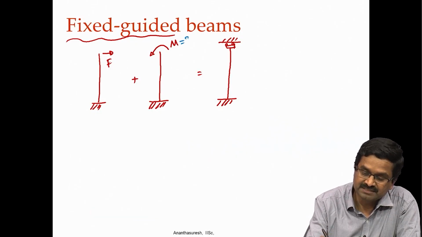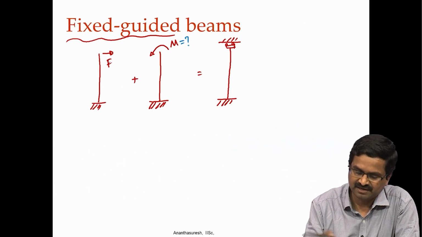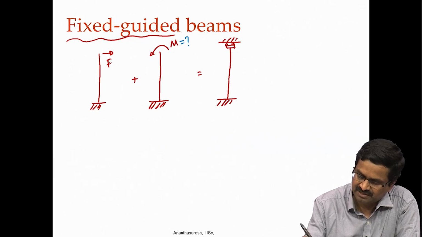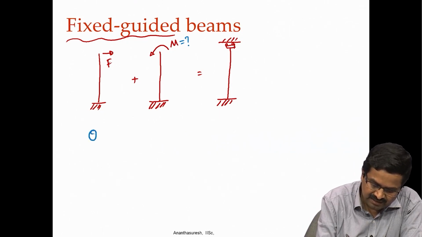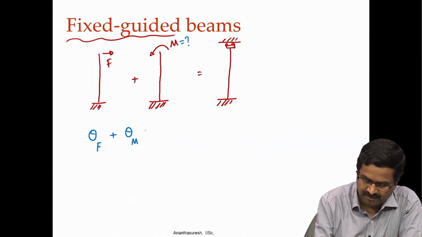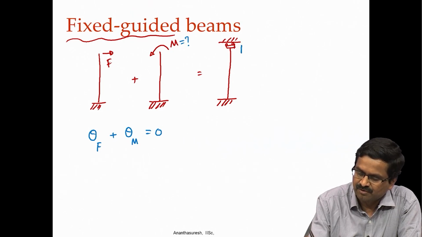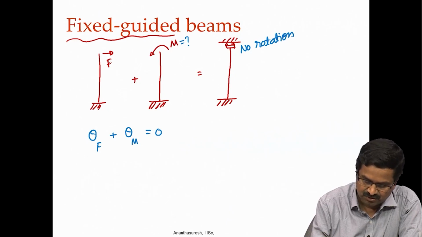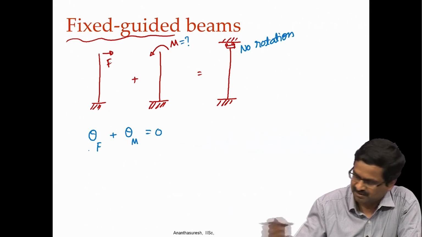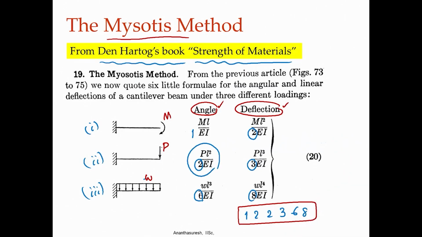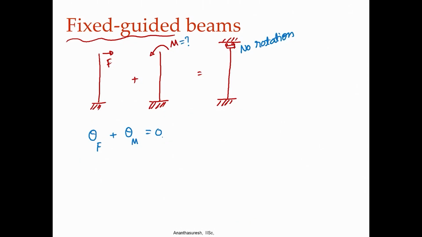So, we do not know what this M is, but we can find the M based on the fact that if you do linear superposition, let us say the angle here, that is the rotation for this one and this one, theta at the free end due to F plus theta due to moment M should be equal to 0, because there is no rotation here, because we said that block does not rotate. So, what is theta F? If you go back and look at Myosotis formulae, so the rotation is this, is P here, we have FL square by 2 EI, that is the theta here.